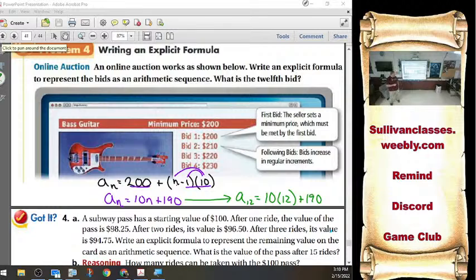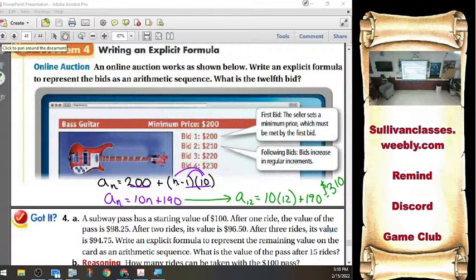If I want the 12th bid, I'm just going to shove a 12 in for n. The 12th term. What is 10 by 12? 120? 120 plus 190. $310. Okay.